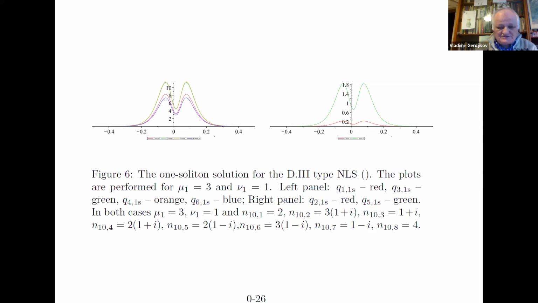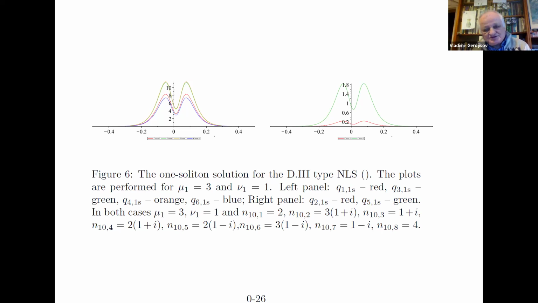For the SO8 multi-component NLS, we found something uncommon, so to say. This is one soliton solution, and you see that typically all its components have two maxima instead of just one, and have a minimum here. We cannot give a good explanation why that may happen.